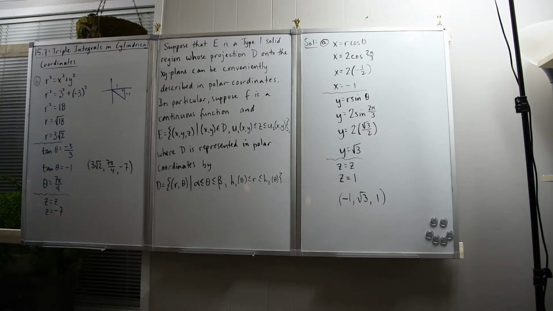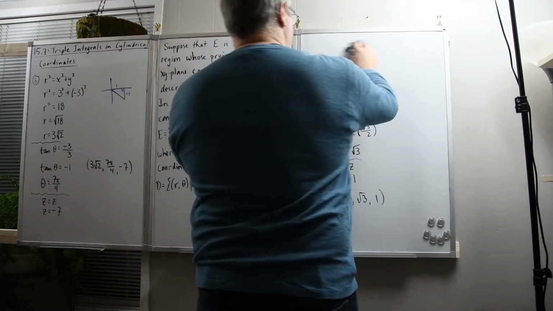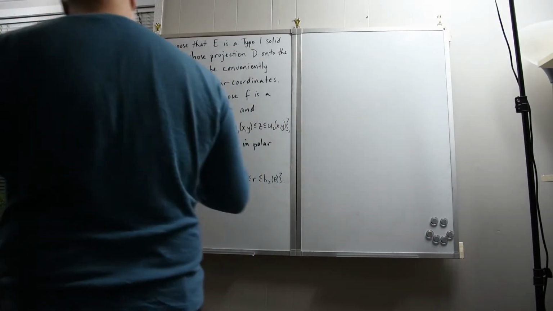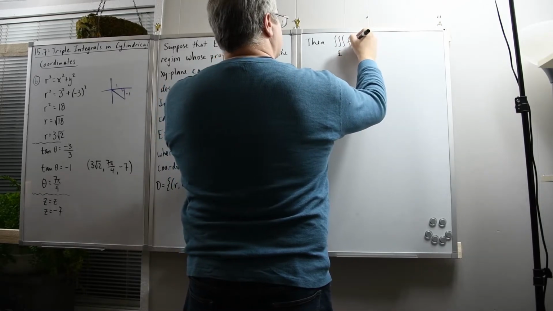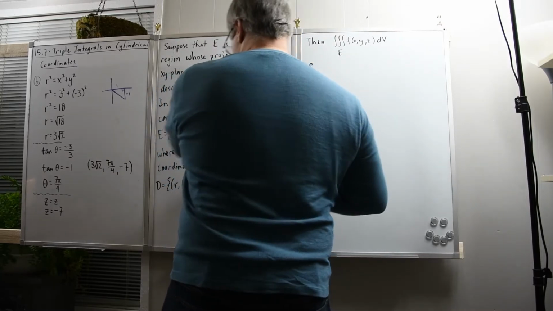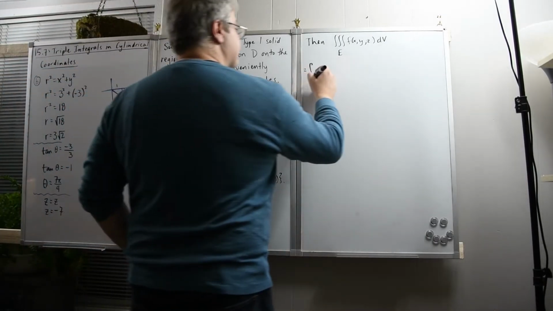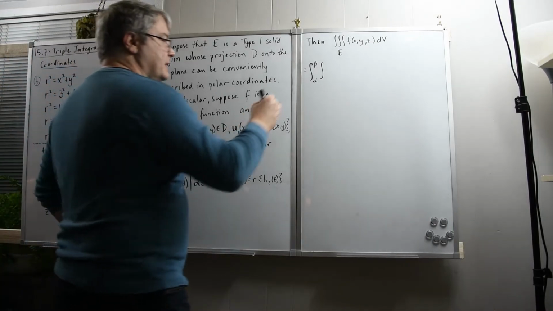So what we're going to be really focusing on is what is the triple integral of this function f over the solid region E. Well, the leftmost integral is going to have bounds of alpha and beta. The middle integral will have bounds of h1 of theta and h2 of theta.